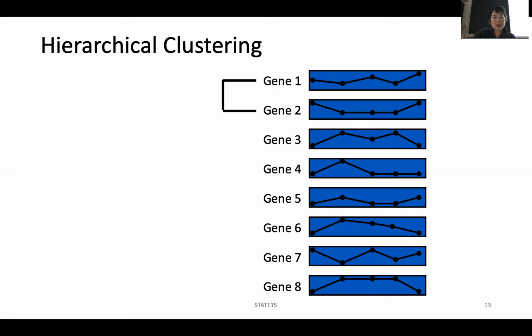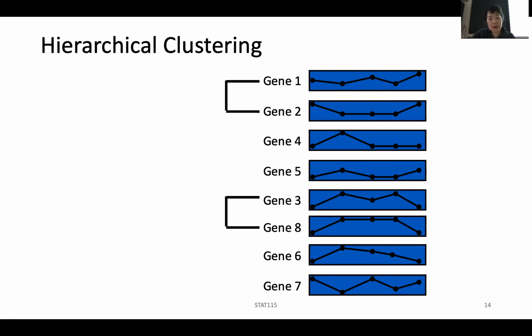And then after that, you calculate this cluster, this will become a node, and compare this node's distance with every other node in the remaining cluster, or the remaining data. Basically you use this cluster to calculate its distance with gene 3, the cluster distance with gene 4, gene 5, gene 6, gene 7, gene 8, and so on. And after you have calculated all the new pairwise distances, you again pick the smallest distance to merge. In this case, in addition to 1 and 2, we decided 3 and 8 are also quite similar.